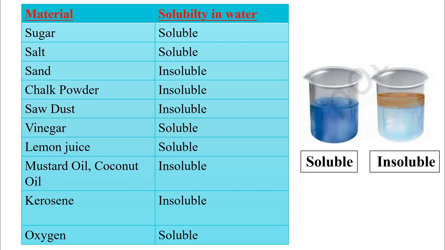For example, salt, sugar are soluble in water, whereas sand, chalk powder, sawdust, mustard oil, coconut oil are insoluble in water. So, a soluble material will completely dissolve in water like this, whereas an insoluble material like oil will not dissolve in the water and will form a separate layer like this.